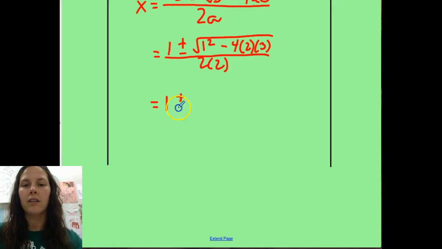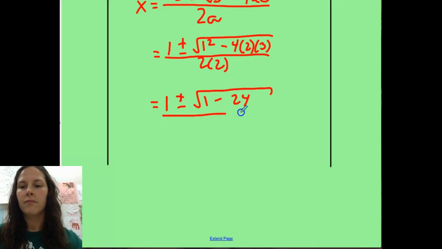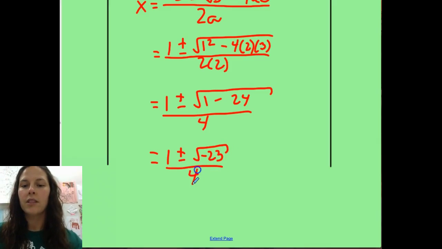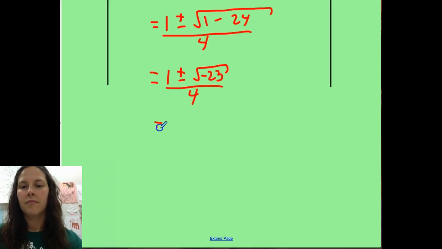Simplifying under the radical, we have 1 minus 24 all over 4. 1 minus 24 is -23. So to simplify this, we'll pull the i out from under the radical, giving us i times the square root of 23, which does not simplify any further.